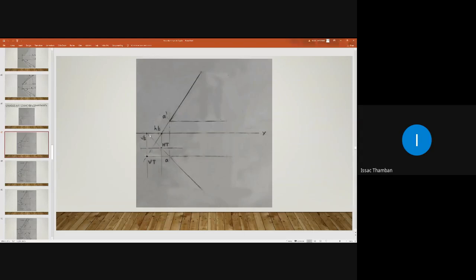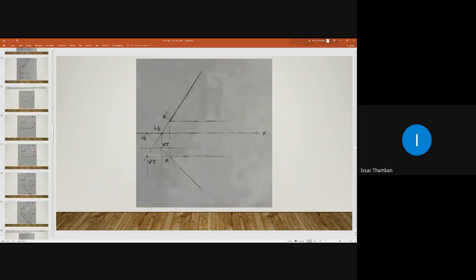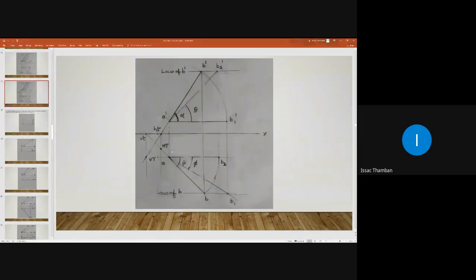Similarly, the horizontal trace HT and the small v can be connected. You see the previous example. In the previous example, you see this.